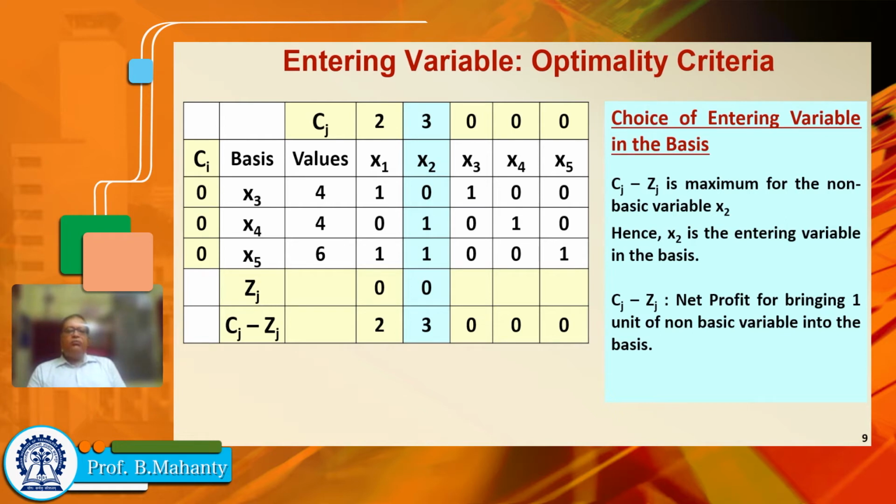That means only 4 units of x2 can be made. How many resources will be required? 4 into 0 here, 4 into 1, 4, and this resource will be exhausted, and 4 into 1, 4 of x5, so 2 more x5 units will remain. So from a preliminary consideration, it is very clearly seen that the bottleneck resource here is x4, right? So therefore x4 should be the leaving variable.